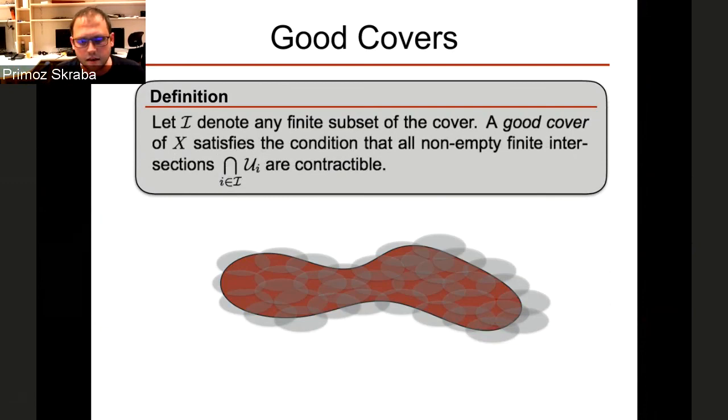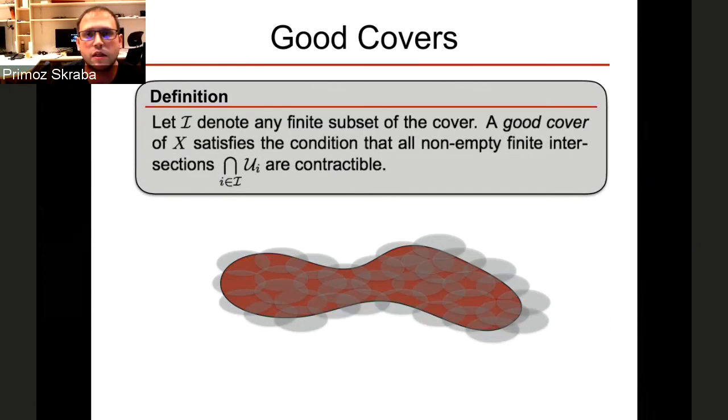It's sufficient that we only consider finite things because in general our space is nice enough so we don't have any problems with infinite intersections. Everything I'm going to talk about today, we're generally going to assume finiteness pretty much everywhere, although I will highlight wherever things can be extended to infinite cases.